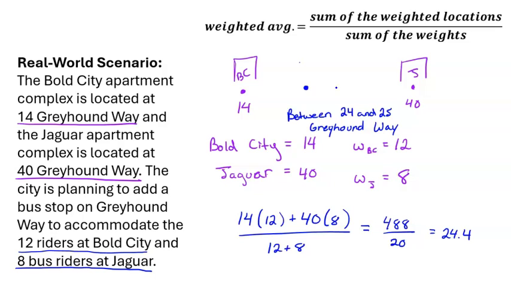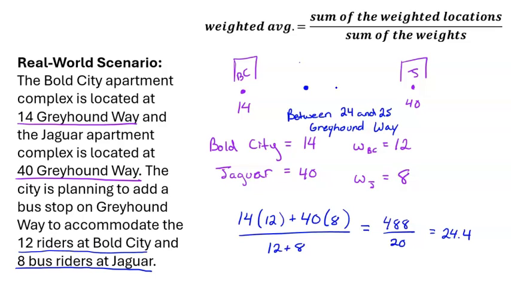If that changed, say maybe in a few years Jaguar adds more housing, or there's a change in the job market where a lot more people are taking the bus at Jaguar, maybe they would consider moving that bus stop closer to Jaguar instead of Bold City. And this is how these real world scenarios work with weighted averages.